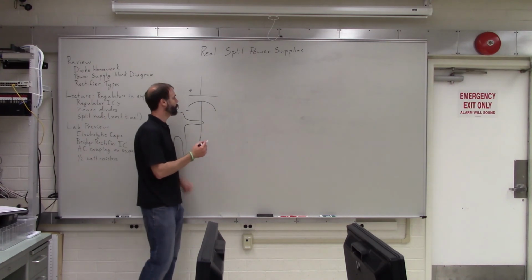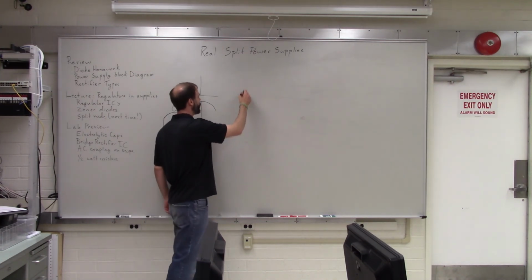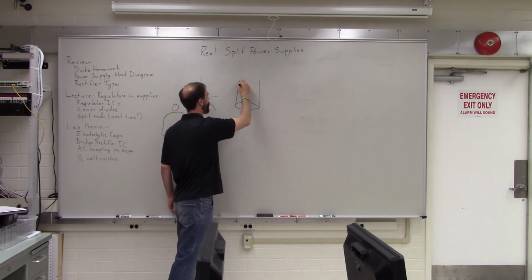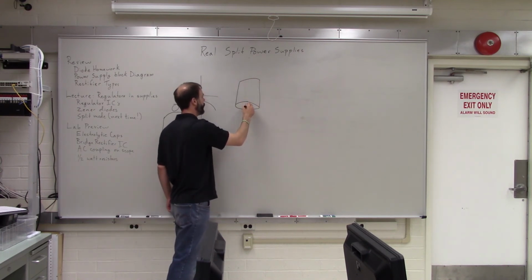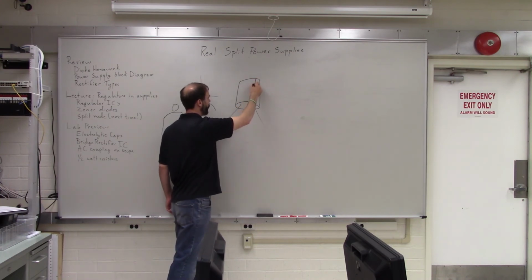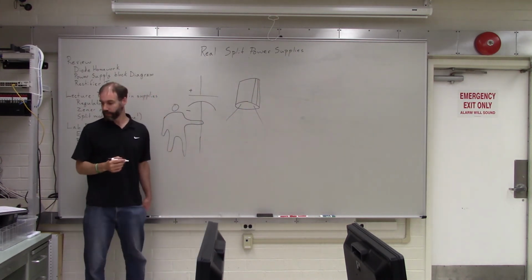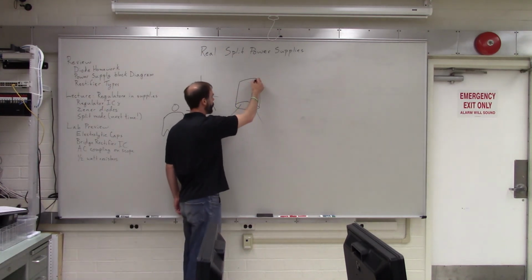If you look at the actual capacitor itself, what you'll see is it looks something like this, and it's got 2 legs coming out of the bottom of the capacitor, one like that and one like that. On one side of the capacitor, there is a strip that has a bunch of negative signs on it.